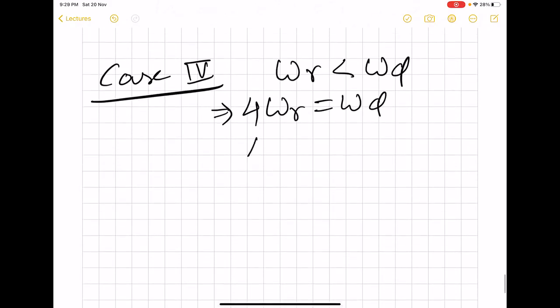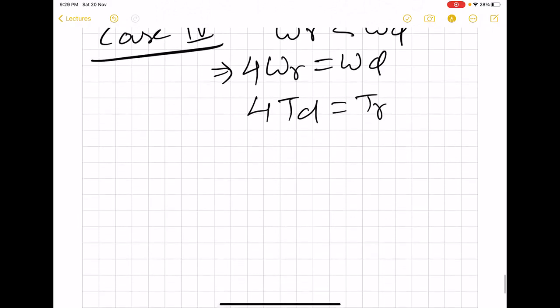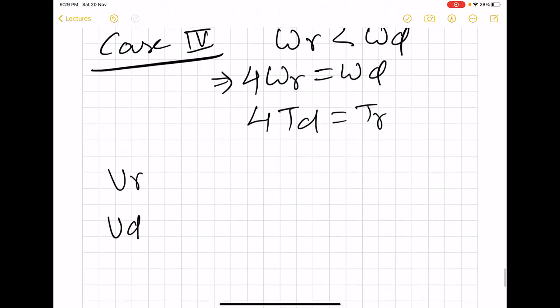So this says that 4 times the time period of d is equal to the time period of r. So we have this Vd and Vr. Vr frequency is less, Vd frequency is high. So we will have this kind of situation for Vd.